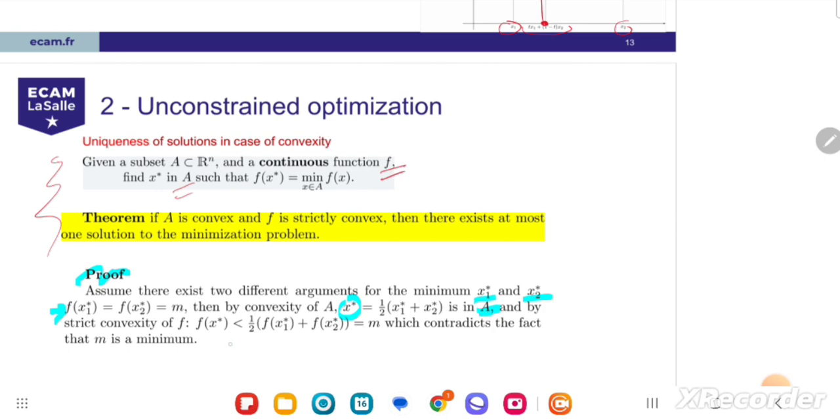Then the image by f of this point, because of the strict convexity, should be strictly below the middle value between f of x1 and f of x2, that is t equal to 1/2. They are both equal to m, so the average is m, and we get that f of x star is strictly smaller than m, which contradicts the fact that m was a minimum value.